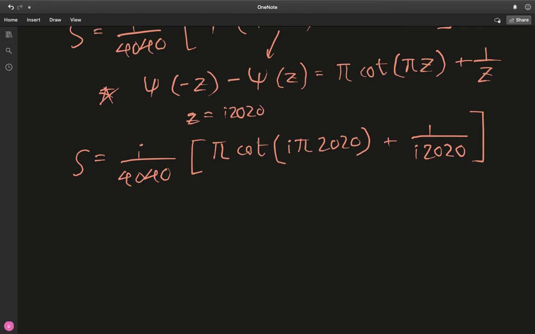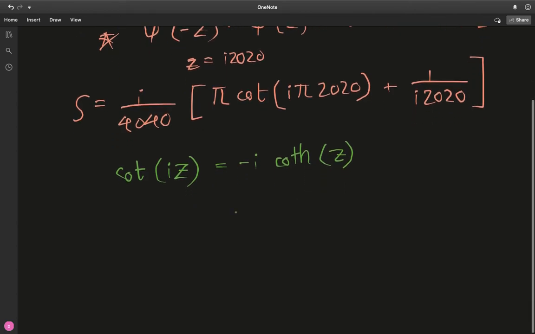Now, since we have a cotangent of an imaginary number because we have an I here, we have a nice formula for this. If you have the cotangent of I times some number z, that's just negative I times the hyperbolic cotangent, or coth, of that number. And actually the proof of this is really easy, because the cotangent is cosine divided by sine, right?